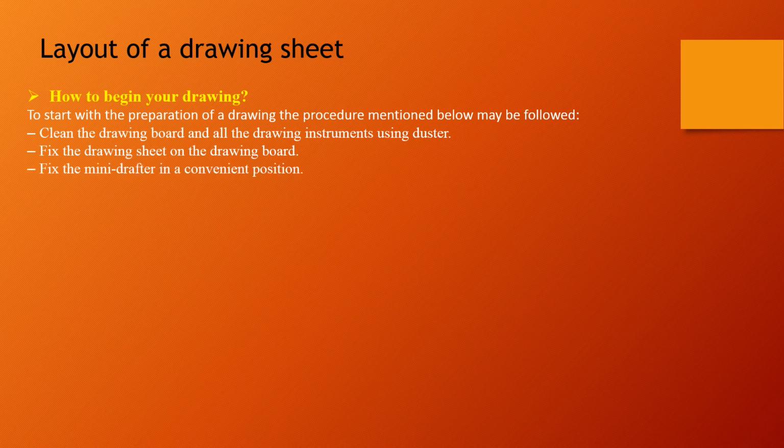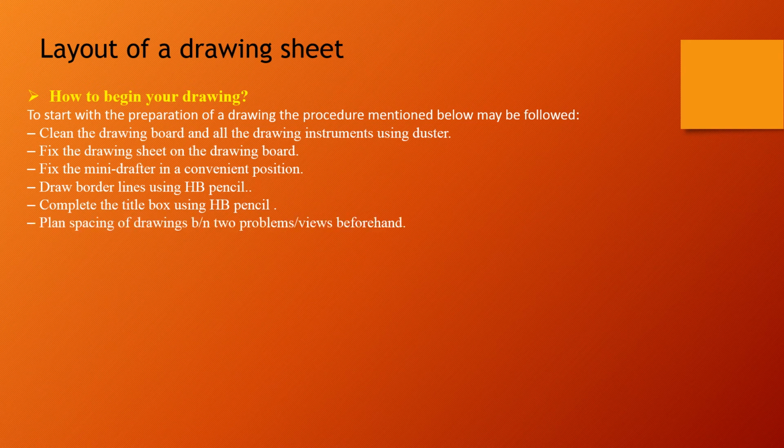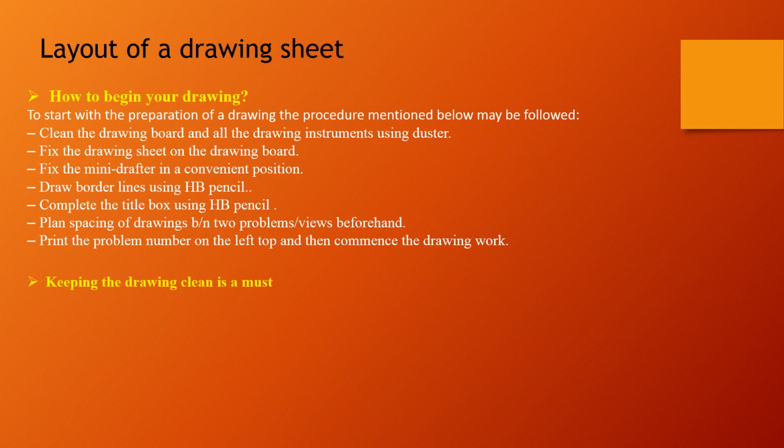Fix the minimum draft in a convenient position. Draft the borderline using an HB lead pencil. Complete the title box using an HB pencil. Plan the spacing of the drawing between two problem views beforehand. Print the problem number on the left top and then come to the drawing work.